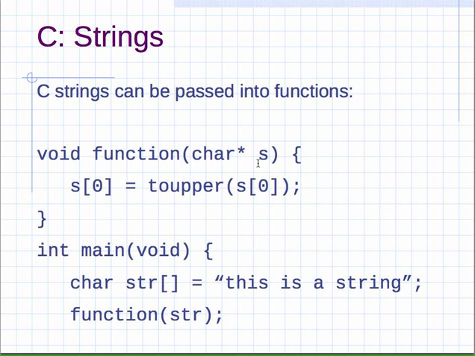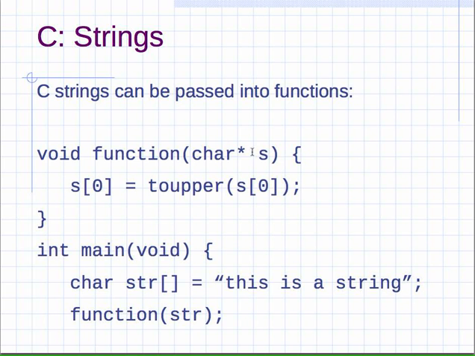So all you're doing is passing in a pointer. Remember, some people refer to this as pass by reference, but it's not really. It's just passing pointers by value. And so the way you would use it would be you call this function with anything, a pointer or an array of characters. Either one will work.